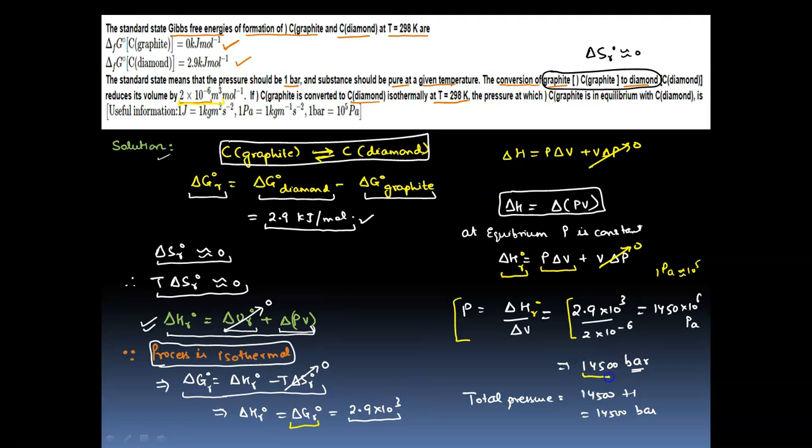So this becomes 14,500 bar. That is the equilibrium pressure required for transition, plus it has to compensate for the additional standard pressure of 1 bar. Therefore, the total pressure of the container in which this transition is happening should be 14,500 plus 1, so it will be 14,501 bar. That should be the answer for this particular question.